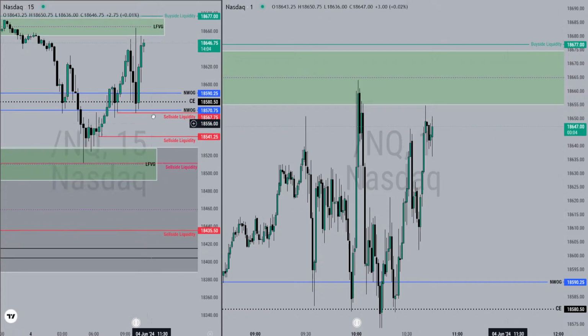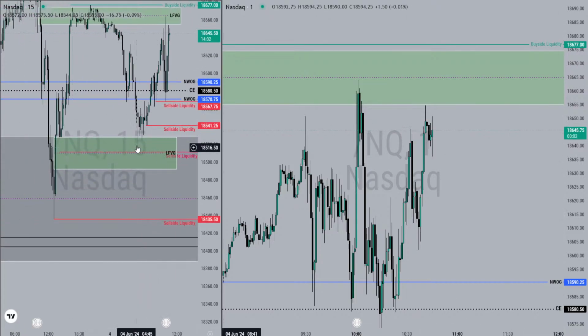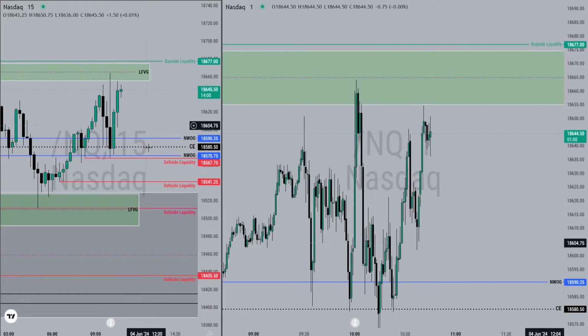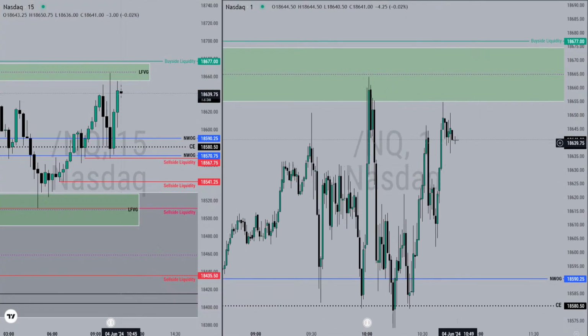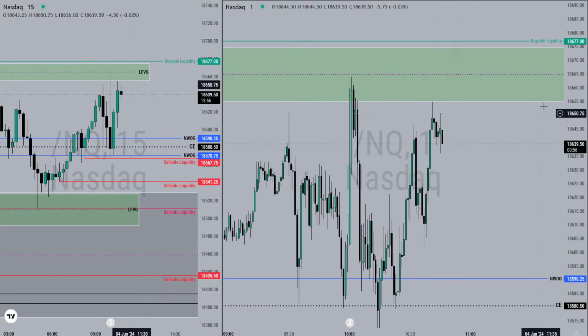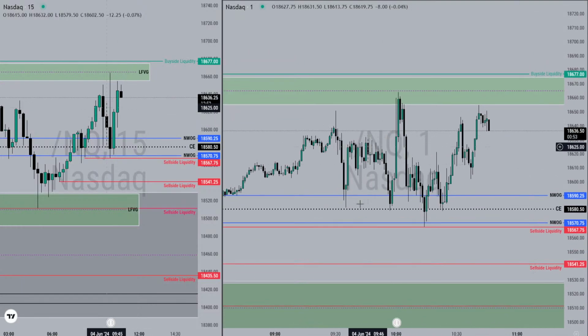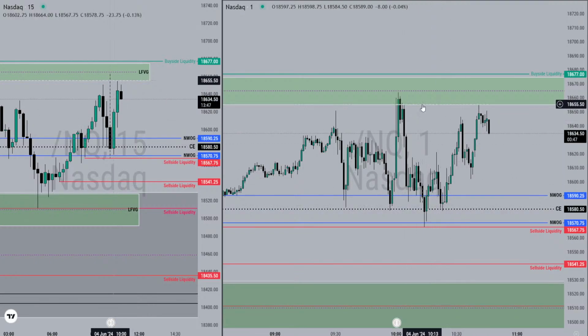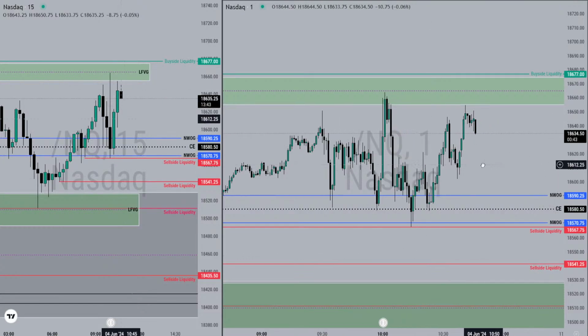So the market should fall for the sell side liquidity. You have a lot of sell side liquidity over there. Don't get confused by this 1 minute chart and all of this consolidation. Around 10:30, when the market missed that fall, it started to consolidate. Now the market is consolidating around a big area, so please keep that in your mind.